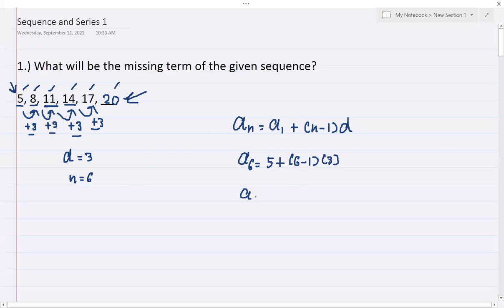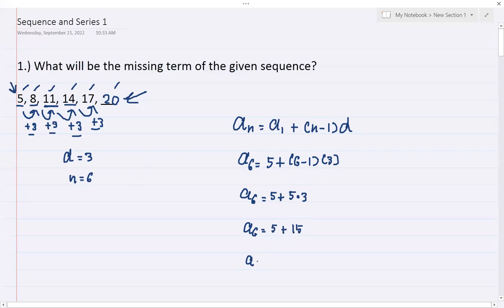So there we go. a sub 6 is equal to 5 plus 6 minus 1, which is 5, then times 3. So you will have 5 plus 5 times 3, which is 15.